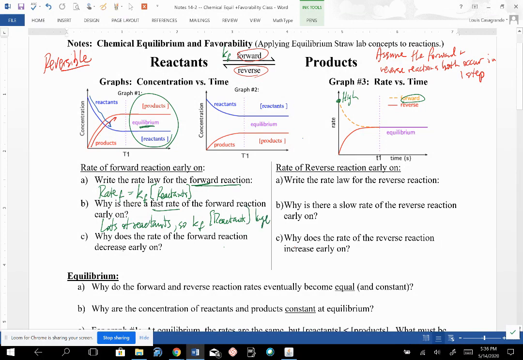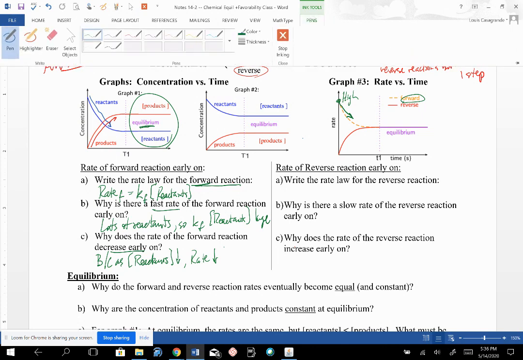And the rate of the forward reaction decreases because as the concentrations of the reactants goes down, you have fewer collisions, and so the rate is going to go down. And so initially, up on graph three again, the rate of the forward reaction starts off high and drops down as we're moving along.